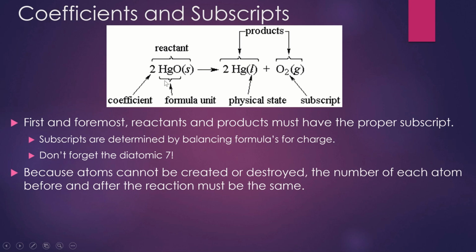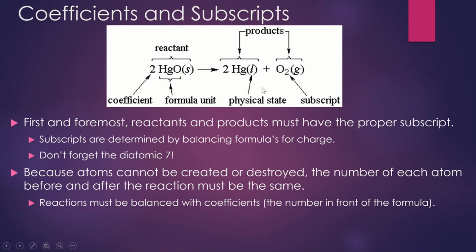Now, the idea is we have a chemical reaction. We cannot create nor destroy atoms. So the amount we start with on the reactant side must be equal to what we have on the product side. So once you have your subscripts balanced or written, you're going to use what's called coefficients to balance the overall reaction.